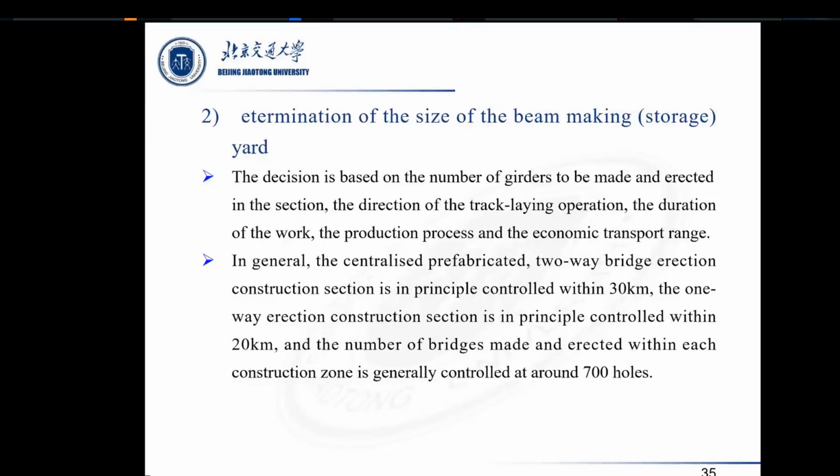The number of girders made and erected in each construction area is generally controlled at about 700 holes.